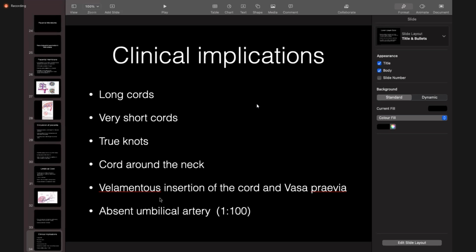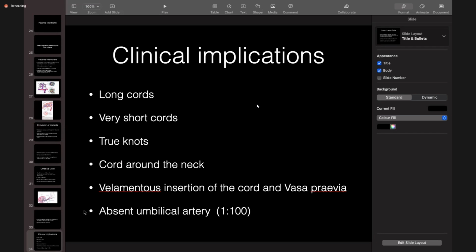Rather than that, it inserts at the edge of the placenta, and the blood vessels run along the membranes. Sometimes, if it happens, this can also lead to vasa previa. We commonly ask a lot of questions about vasa previa, although it is not frequently seen. Just read about this and see some pictures.